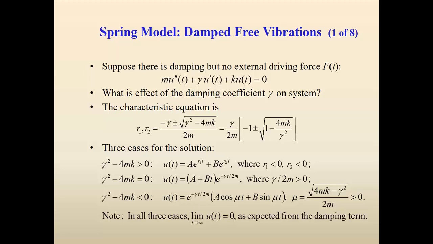So when the friction isn't very much, we get a vibration, but a slowly decaying vibration. And lastly, when gamma squared is exactly equal to 4mk, when the friction equals the effects of the mass and the spring constant, we get what's known as a critically damped case. We get a case where it is exponential, but we have repeated roots.